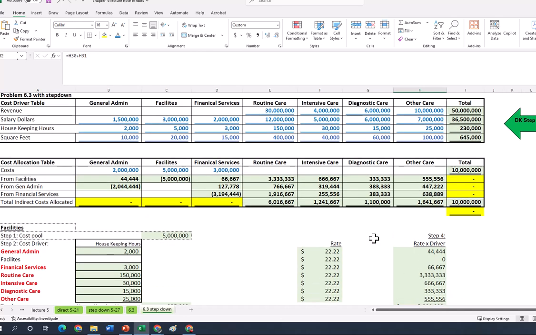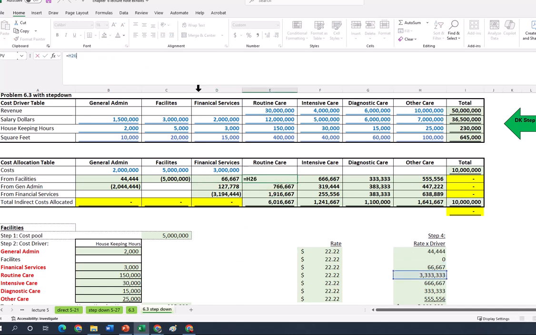So then what I did is I went ahead and I plugged in what did I do with facilities? Well, general administration picked up the 44,000. Facilities got rid of the 5 million. Financial services picked up 66,000, right?